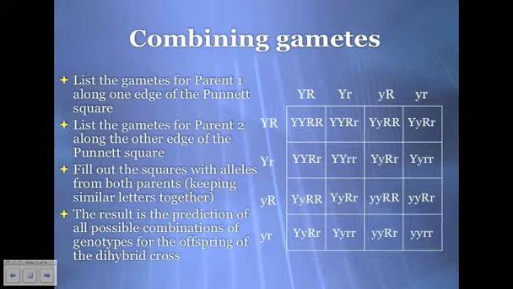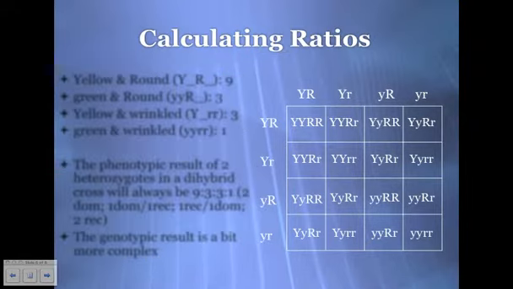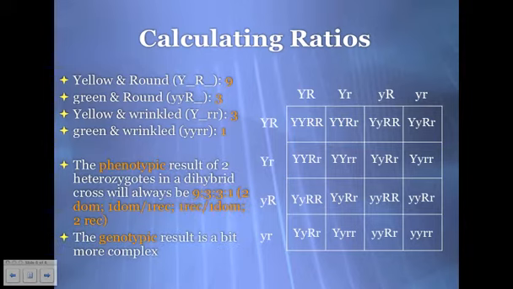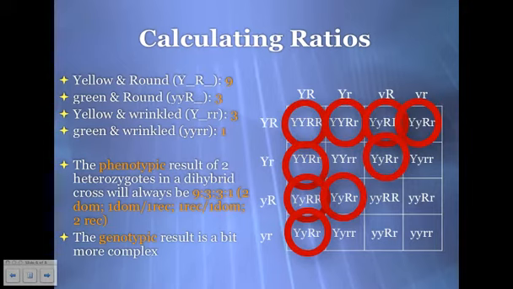So that's what you would have to do at our very last step, which is calculating the ratios. Yellow and round would be anything that is both dominant. If you look at the chart on the right, you would notice that there are 9 different yellow round genotypes in the dihybrid Punnett square.